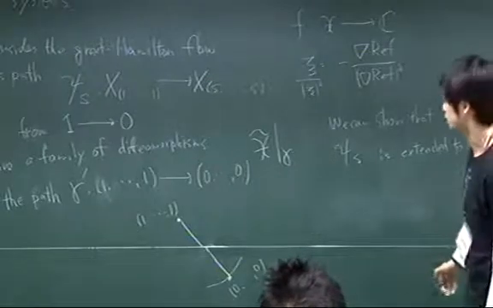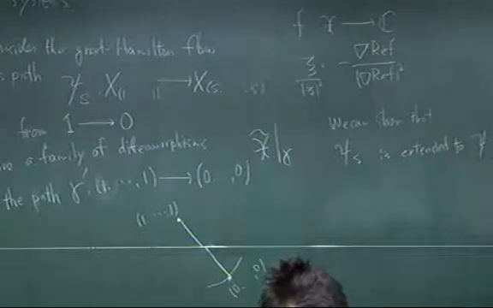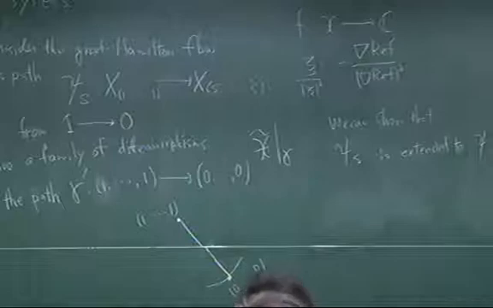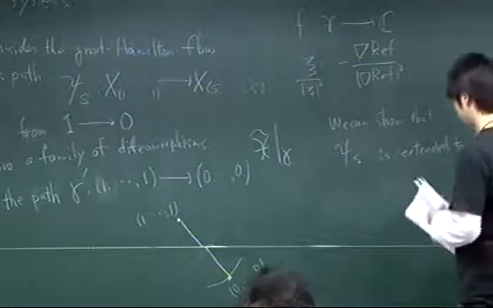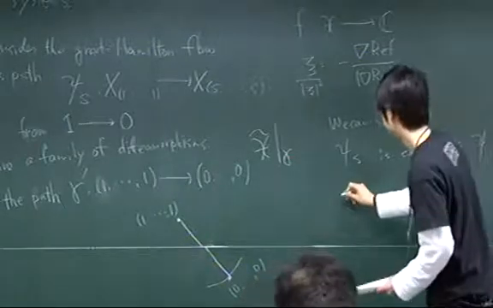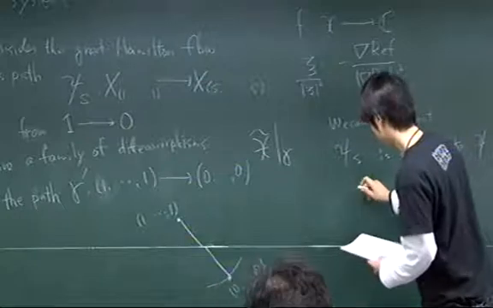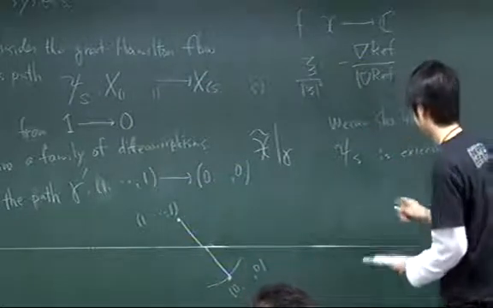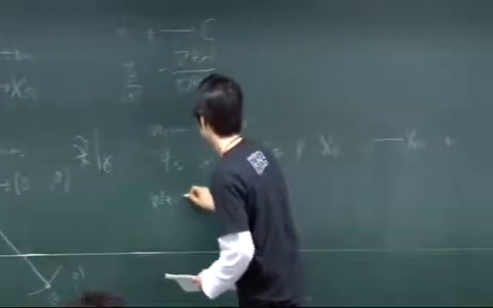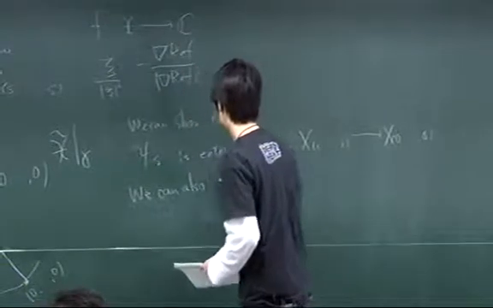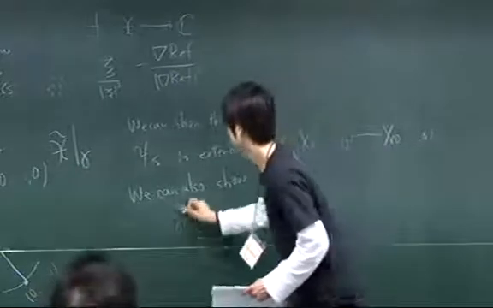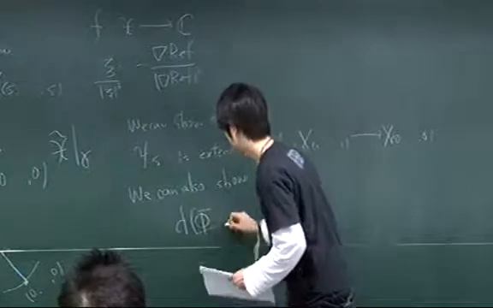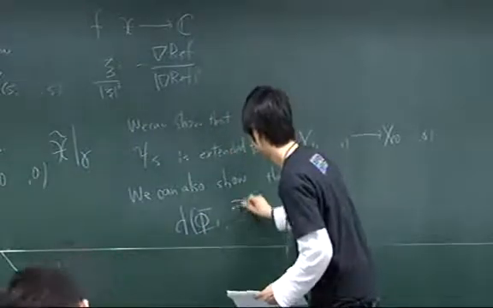This map is not a diffeomorphism because these are clearly not diffeomorphic manifolds, but we can extend the family of diffeomorphisms to the limit, and we can also show that the momentum maps is 0.